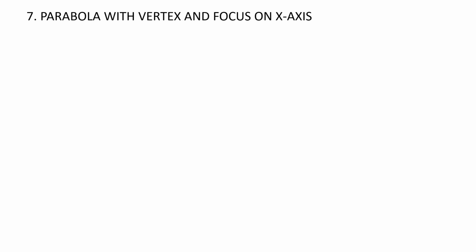So, for our parabola parallel to our x-axis, our equation is y minus k squared is equals to 4a times x minus h. Okay. So, the problem says our vertex is on the x-axis, and this is parallel to our x-axis also.